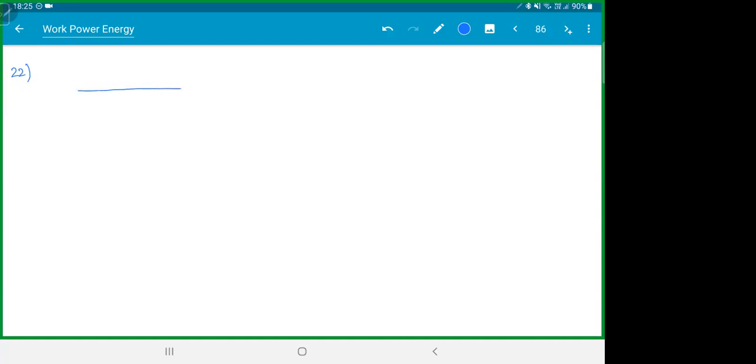Let's see this one. This is another good one. So we have a particle of mass m. This point is fixed. This is a string, and this is a length L. And then this is just rotating with an angle theta.